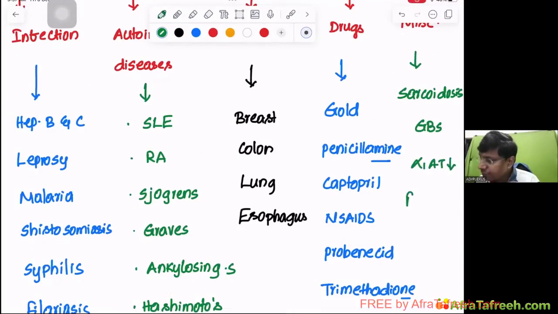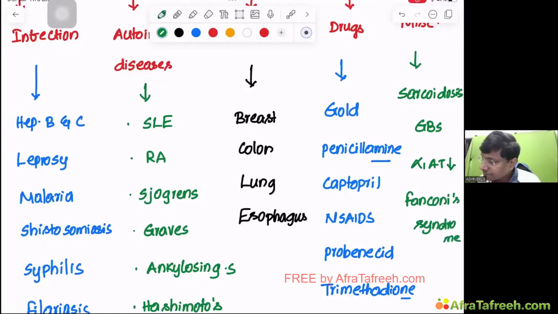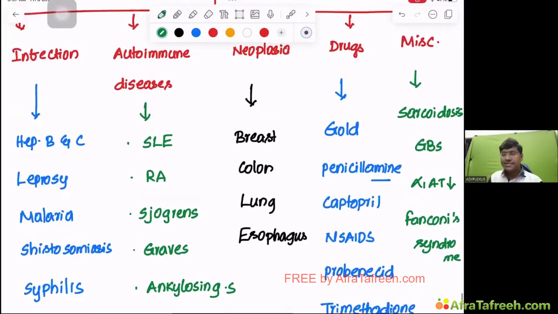Then Fanconi syndrome. Okay, so these are the miscellaneous causes. You take this Guillain-Barré syndrome. What type of paralysis will you have in Guillain-Barré? Yes. What type of paralysis do you have in Guillain-Barré?